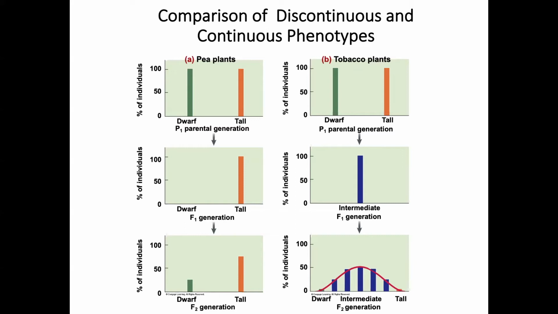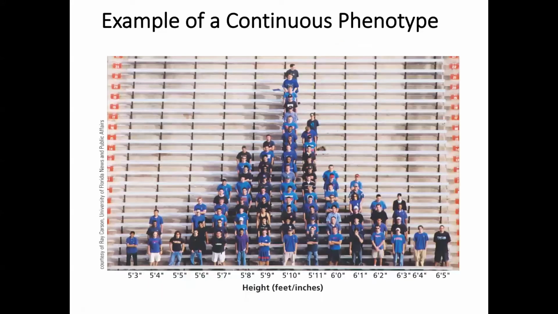So in the tobacco plant, height is a continuous phenotype. This picture is another example of a continuous variation. This is a group of biology students organized according to height. Then the question is how a continuous phenotype is produced.